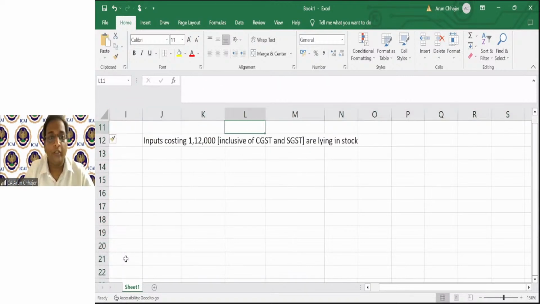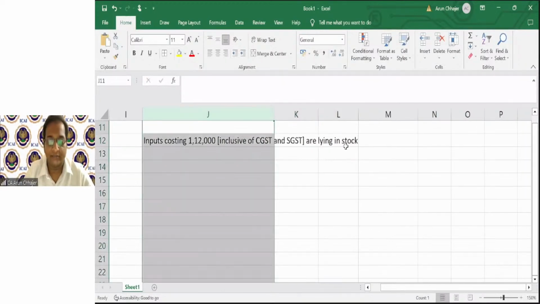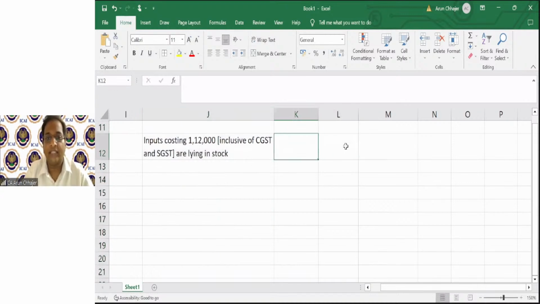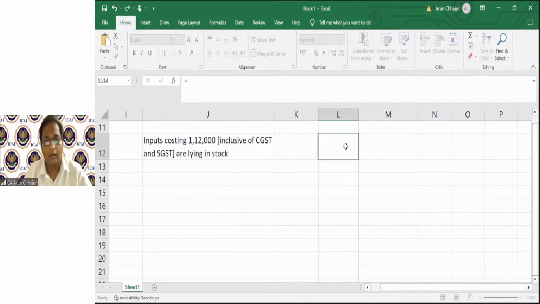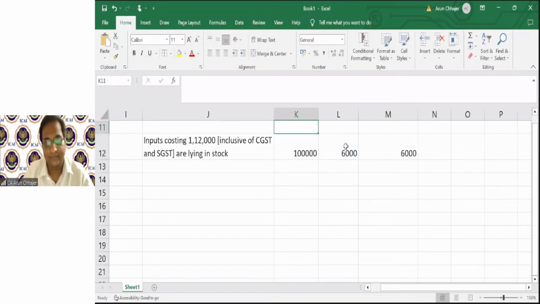So input 1,12,000 is inclusive of tax. How to calculate the tax? We can say the 1,12,000 will be inclusive of 12%. So 112 multiplied by 100, so it becomes taxable value. I can say 6% CGST and 6% SGST.